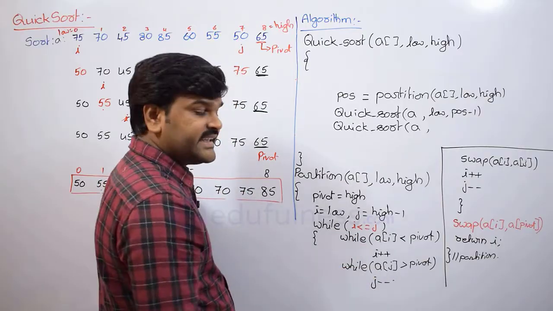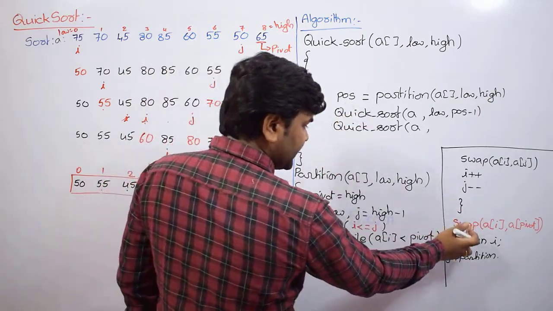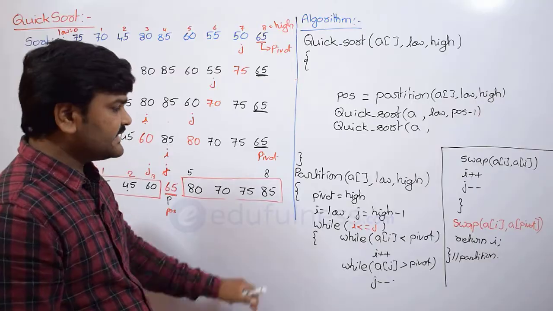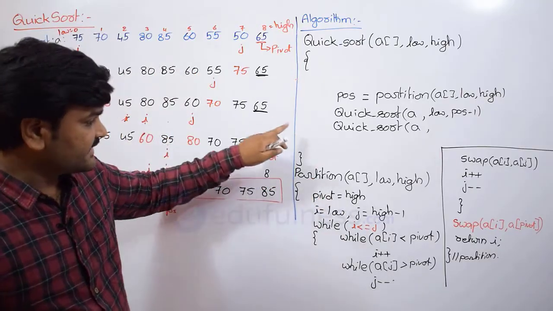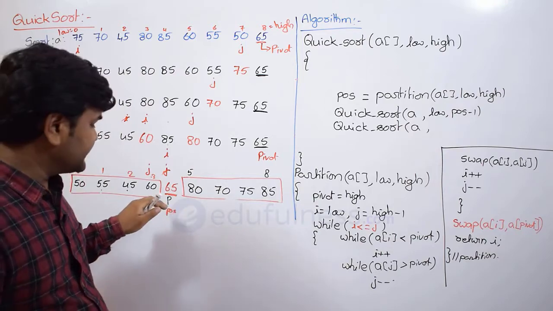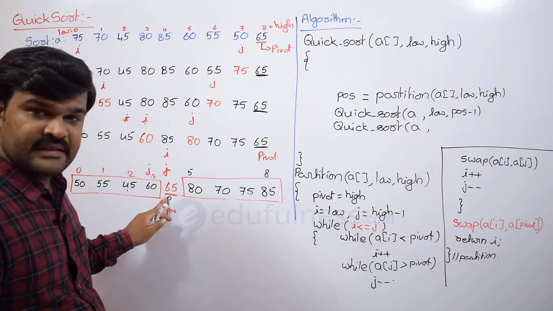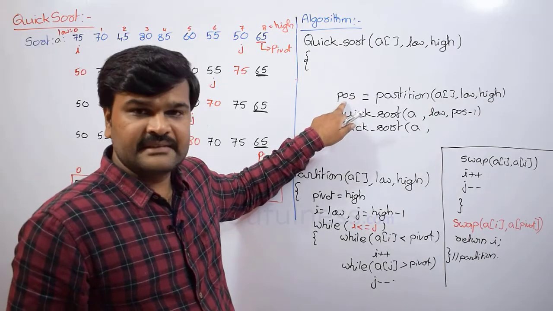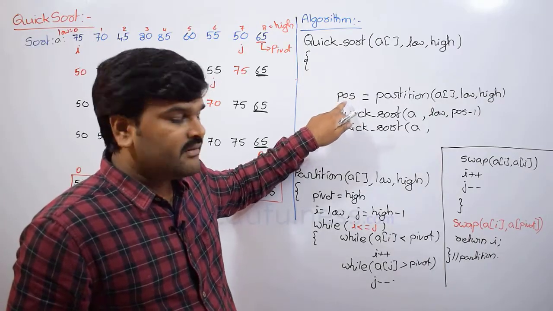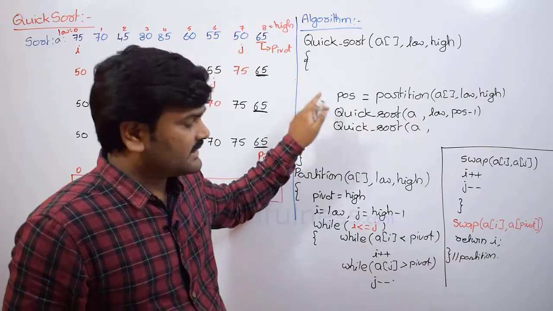That is why we need the position where the pivot element is placed. Partition is doing this entire work and placing the pivot in its proper position, but you must know where that pivot is placed.